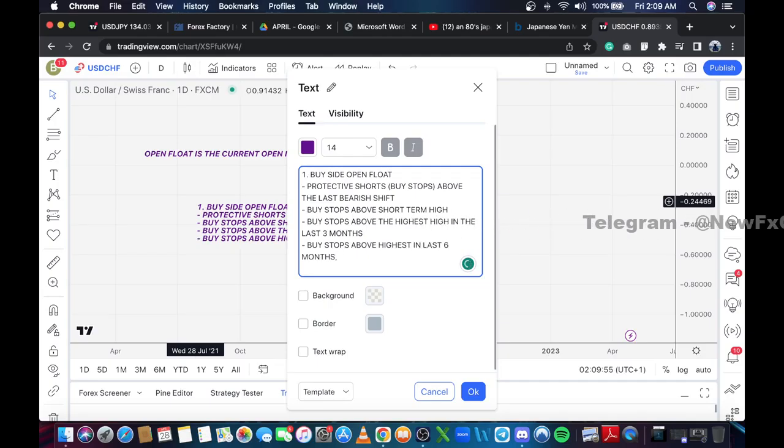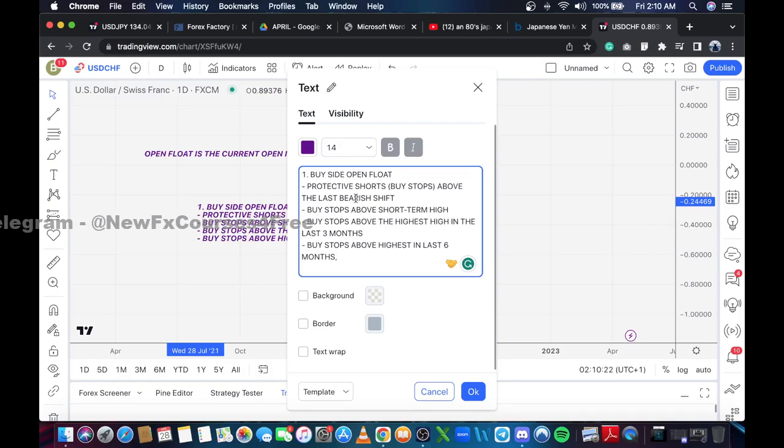Okay, that's half a year's range of data, and it's all important to what you're going to see, because I'm going to use current market price action to teach what I mean with the buy stops. And I know this sounds boring right now, but this is something you're going to have to see through if you're going to fully grasp the concept. And these are all valid for buy side open float.